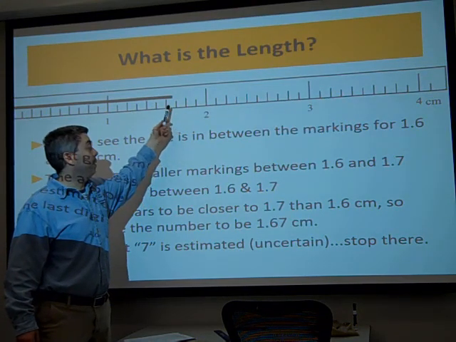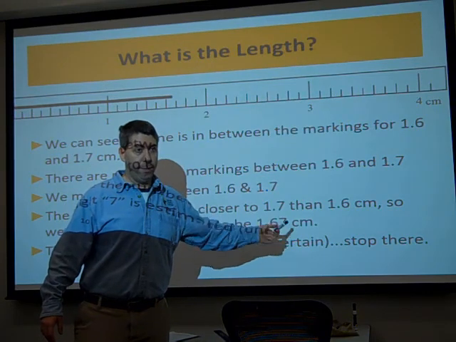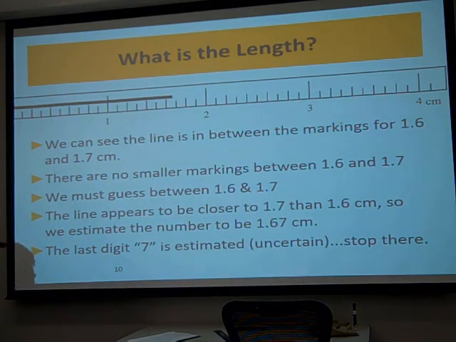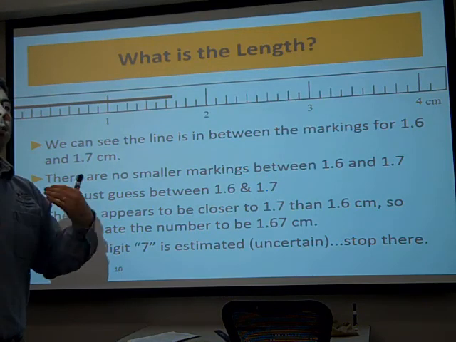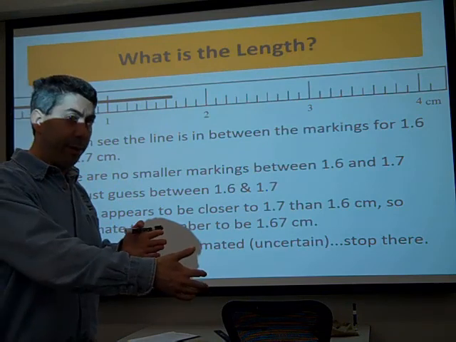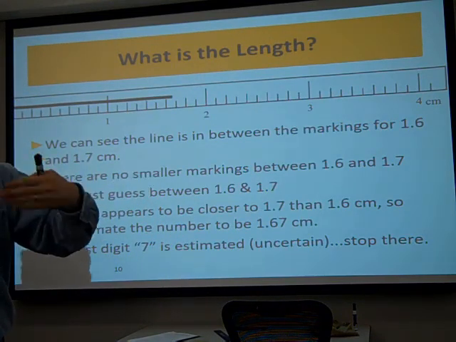If the smallest markings are in the tenths place, you need to go to the hundredths place. If the smallest markings are in the ones place, you need to go to the tenths place. If the smallest markings are in the hundredths place, you need to go to the thousandths place. You always have to go one digit past the smallest markings.